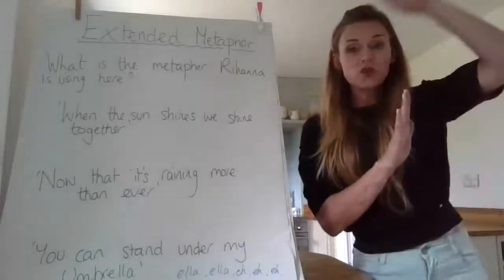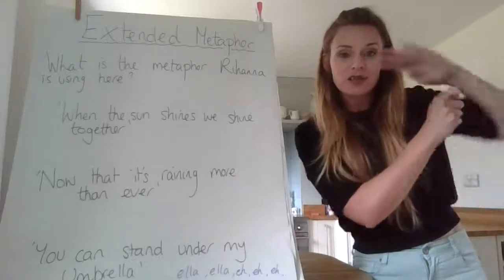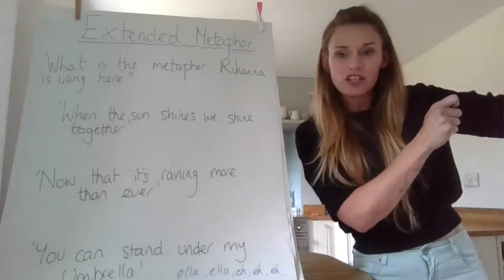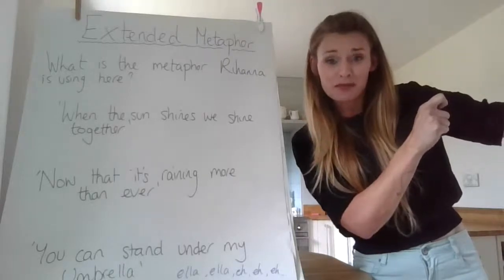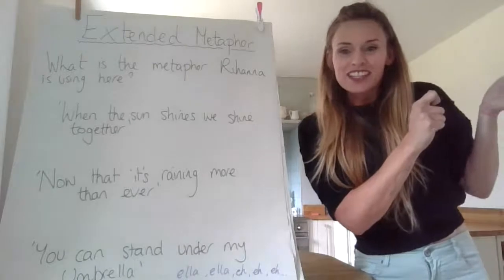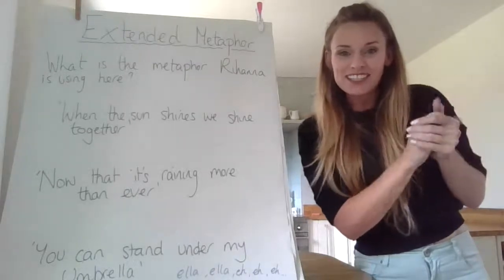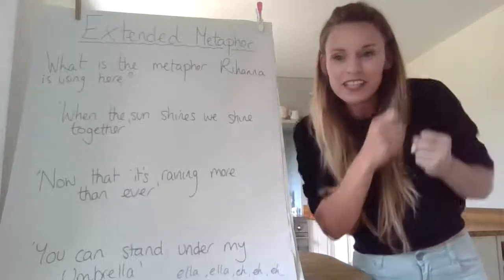What's she doing by standing under the umbrella and sharing it with another person? What is going on there? Thomas, I'm going to come to you if no one else is going to say anything. Come on, T-Dog. We've got an umbrella. We're going to stand underneath it. Therefore, what is she doing?